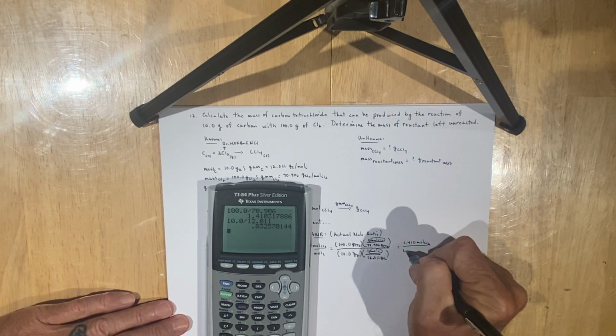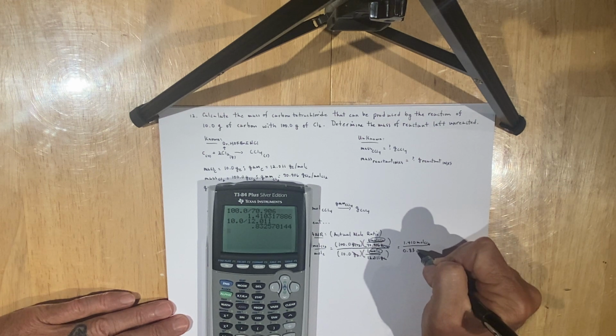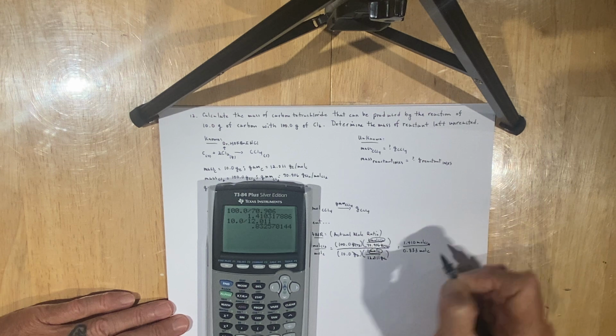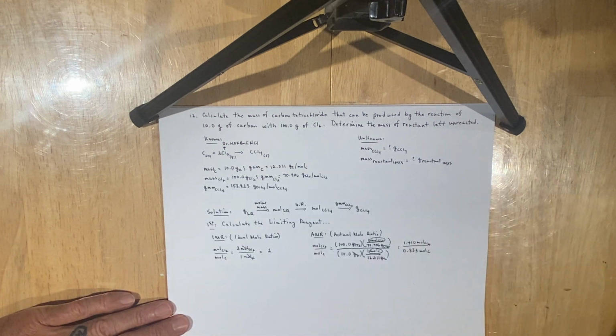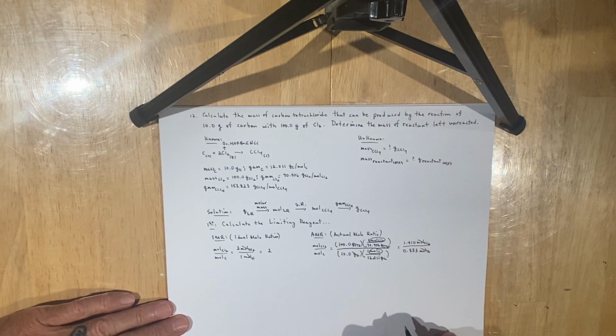So the denominator is going to be 0.833 moles of carbon. I rounded up by dropping the 5 and rounding the 2 to 3. As always, the moles of chlorine and the moles of carbon cancel.